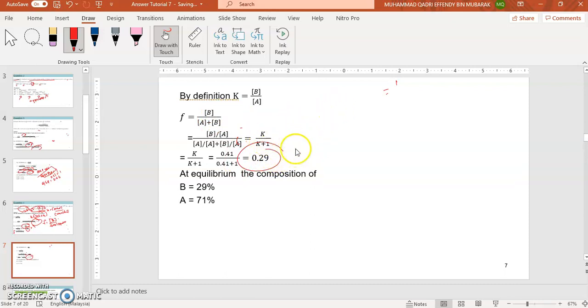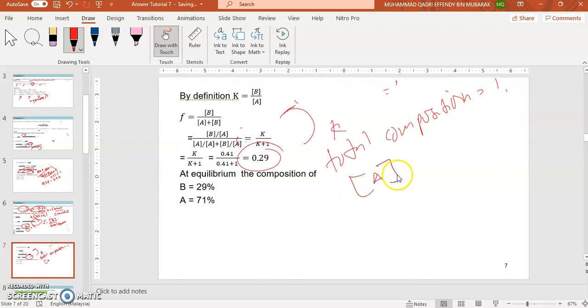We can repeat this step, however, as we know that the total composition in our solution is equal to 1, and that in our system we only have A plus B, so A plus B equals 1.